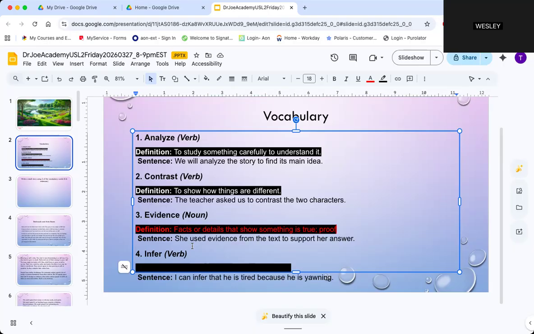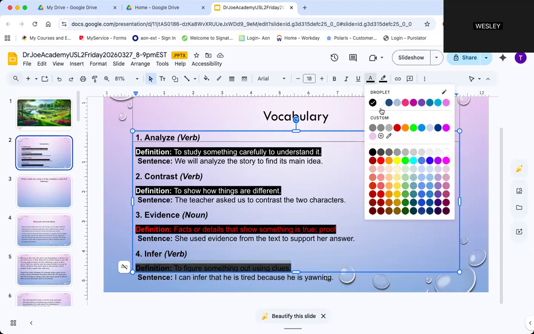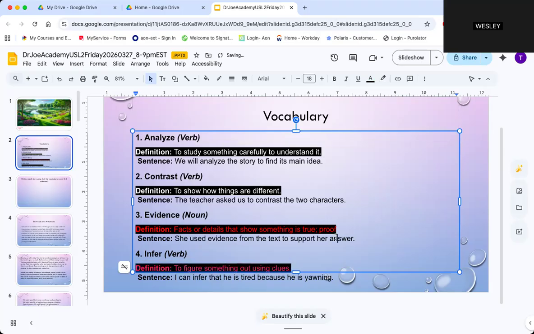What does it mean? I don't really understand. So, I can infer he is tired because he is yawning. So how does he know that he's tired? Because he's yawning. Exactly. So that means to figure something out using clues. The yawn was a clue. Do you understand? Yes.